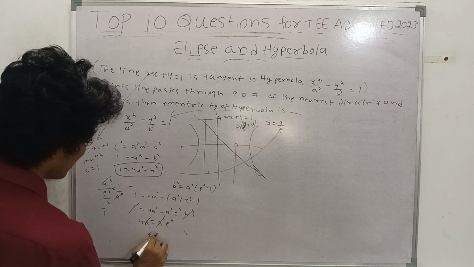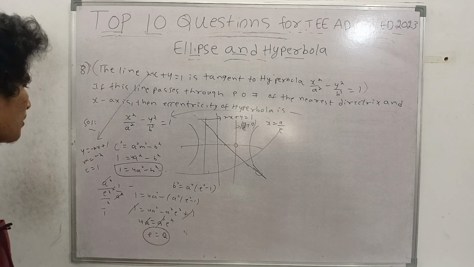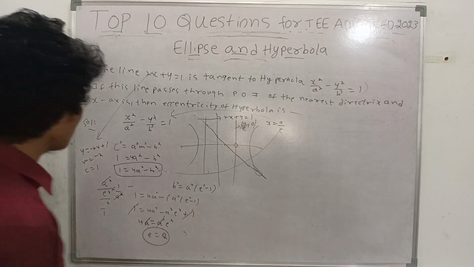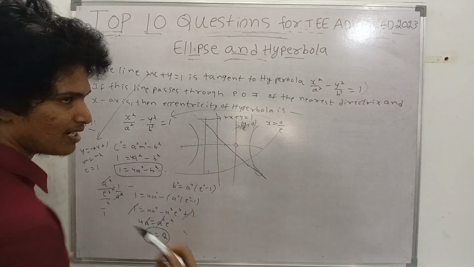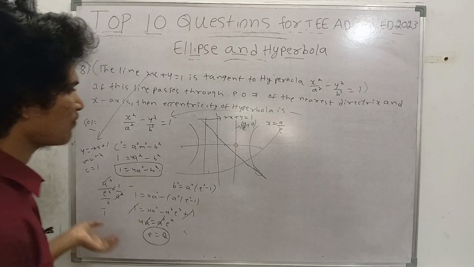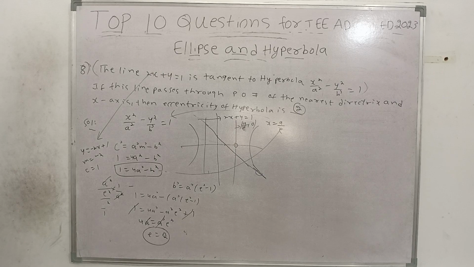A square is cancelled. E equal to 2. Directly we got E equal to 2. It is not required to find the point of intersection of the directrix. Directly we can substitute the eccentricity formula and we can get. So the eccentricity is 2. The question is completed.